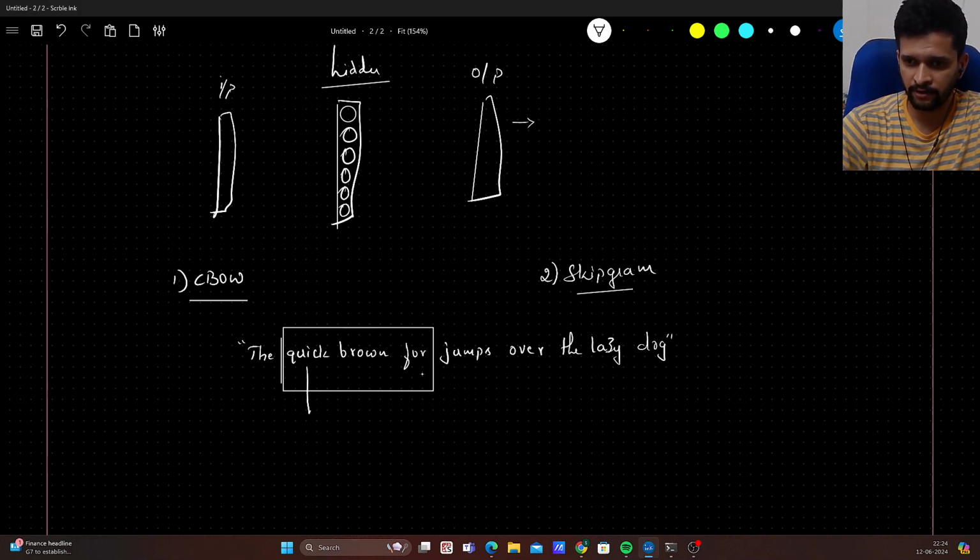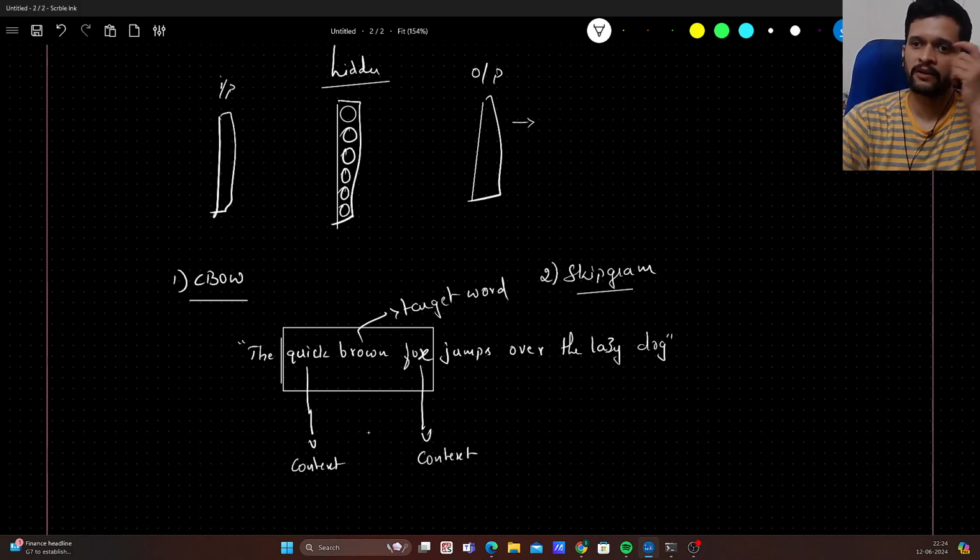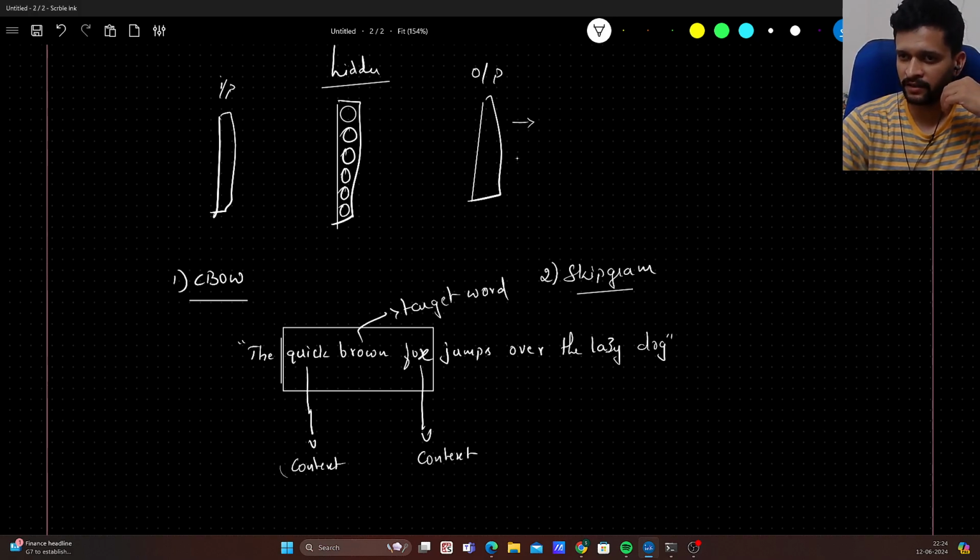Quick and fox will be our context words, and this is our target word. So we feed the context words as input to this neural network and ask it to predict the output, right? And our expected output is brown in this case.